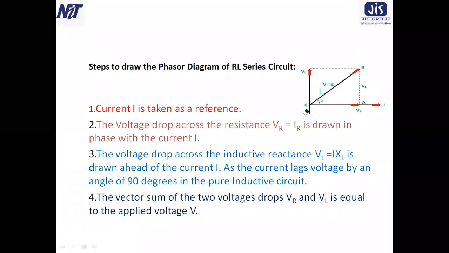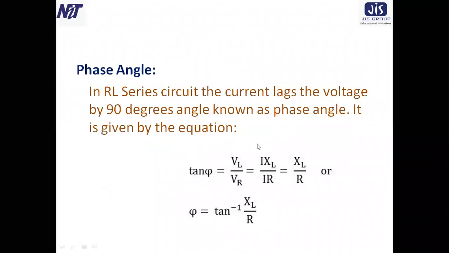Look here, VL by VR, height by base, tan phi equals to height by base. So that is equal to VL by VR. We know that VL equals to IXL, VR equals to IR. So I cancels, XL by R, or you can say that phi equals to tan inverse XL by R. So in this way we can find the phase angle also.